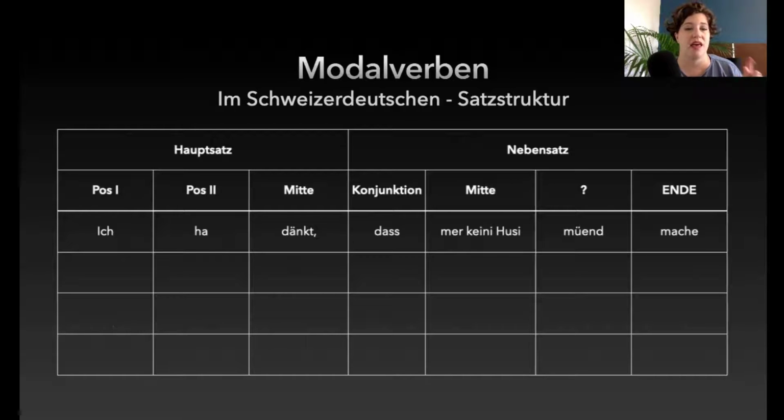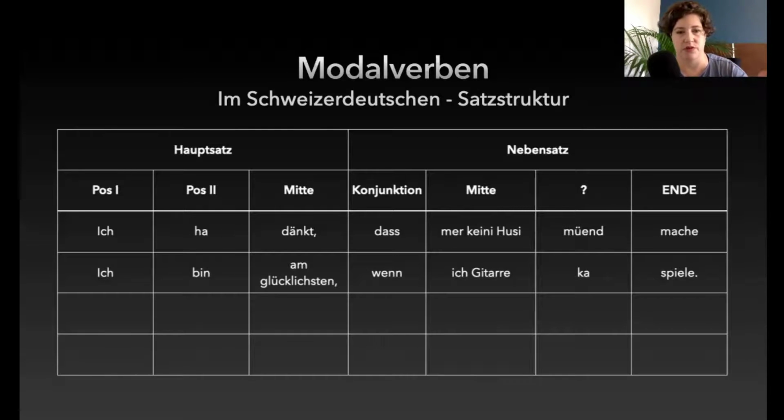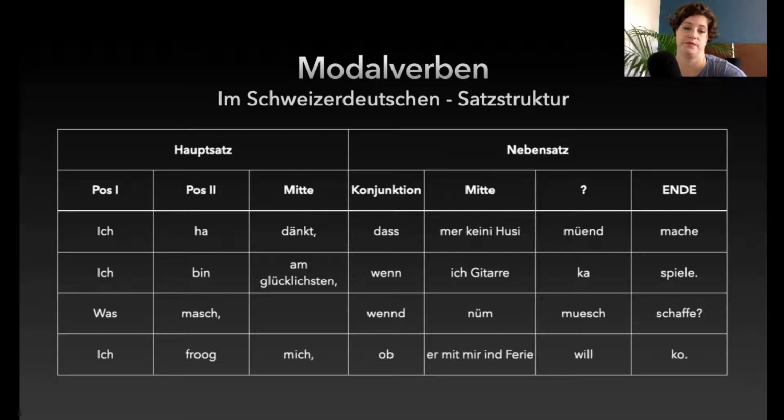So, ich habe gedacht, dass wir keine Hausi machen. Ich bin am glücklichsten, I had to write that around so it fits the table, wenn ich Gitarre kann spielen. Was machst du, wenn du nicht mehr arbeiten musst? Ich frage mich, ob er mit mir in die Ferien will kommen. Or go, same thing.